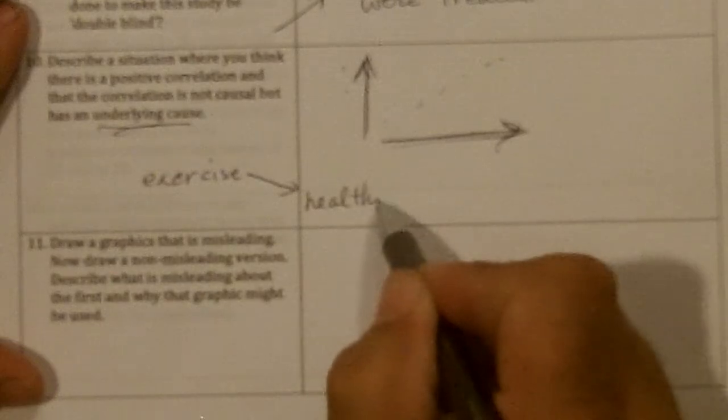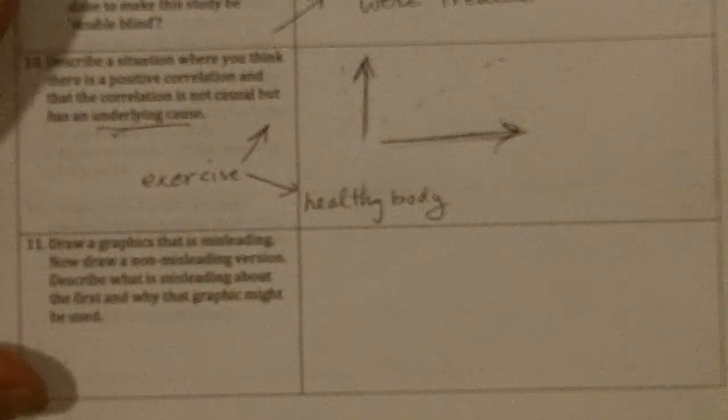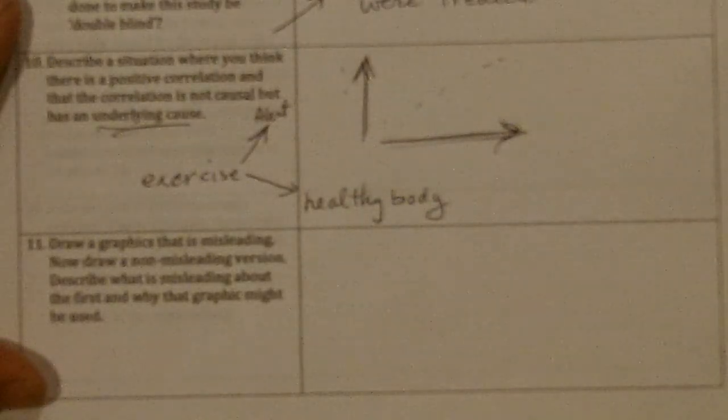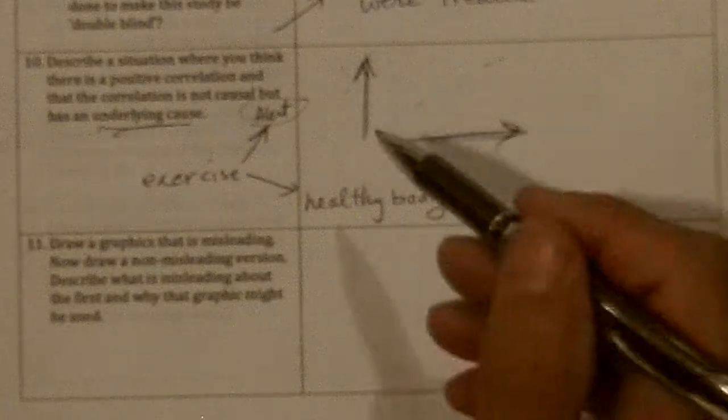Well, what could exercise cause? Exercise could cause a healthy body. And exercise could also maybe improve grades because you're more alert from exercising. Or perhaps you lose weight, but that would be a negative thing.